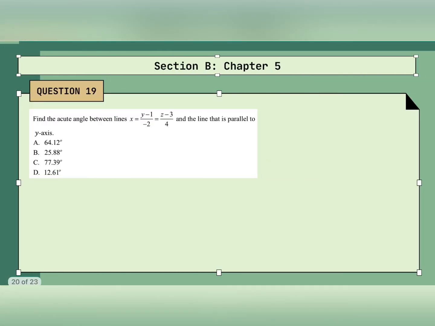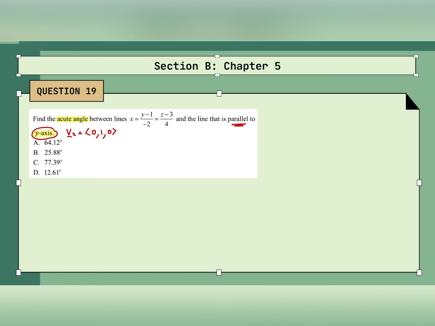Next, question number 19. Find the acute angle between the line and the line that is parallel to the y-axis. Okay, bila dia kata line itu parallel kepada y-axis, apakah kita punya direction vector? Direction vector will be 0, 1, 0. Kenapa 0, 1, 0? Sebabnya untuk y-axis hanya coordinate of y sahaja yang akan ada value lah. So kita letak 1 yang paling senang.